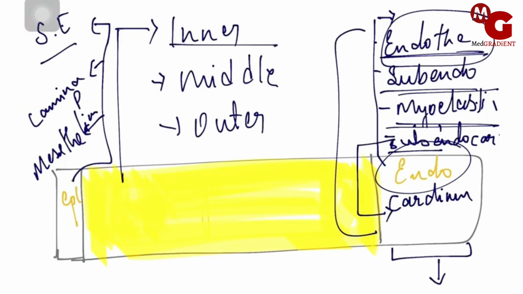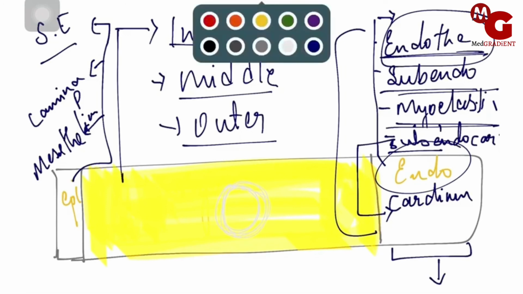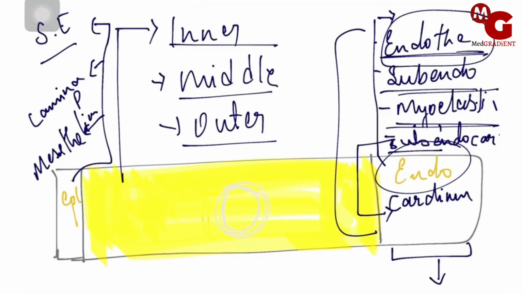Now the muscle layer is quite simple. It's just an inner muscle, a middle muscle, and an outer muscle. These are differentiated based on their course. Let's say we have a heart over here. Maybe the inner muscles have their course this way, the middle muscles this way, and the outer muscles this way.